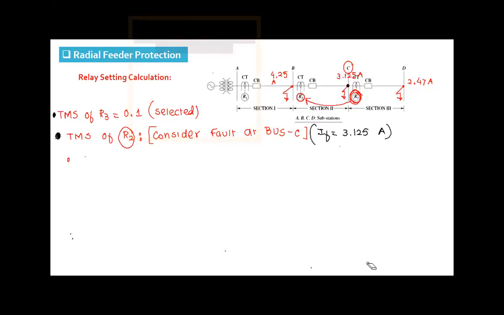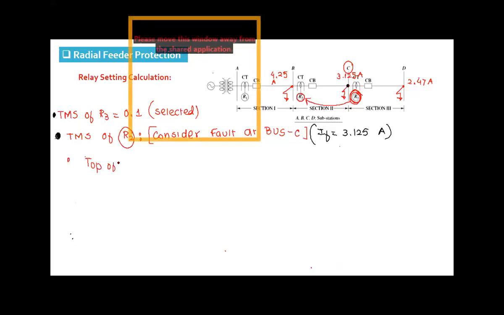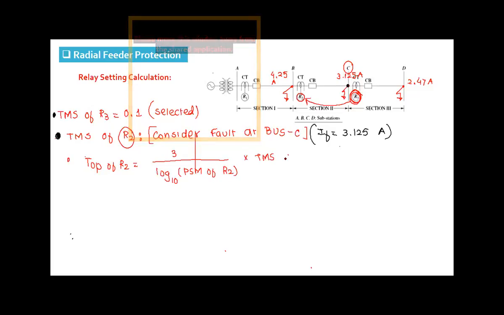Okay, now you have TOP of R2. कितना है? 0.856 सेकेंड. Then what we can write for TOP of R2 equation? Same equation, but with PSM of R2 into TMS of R2.